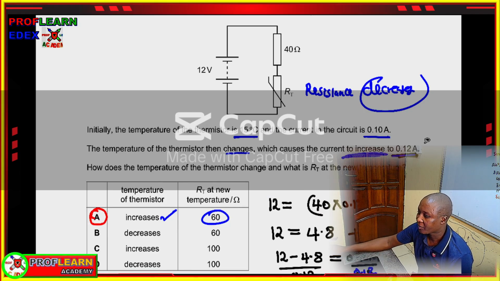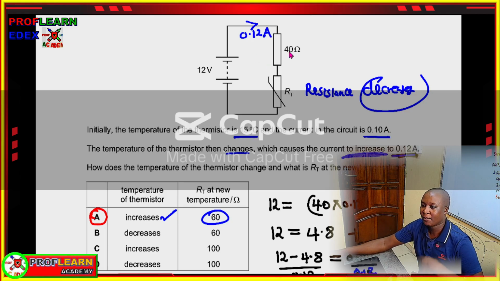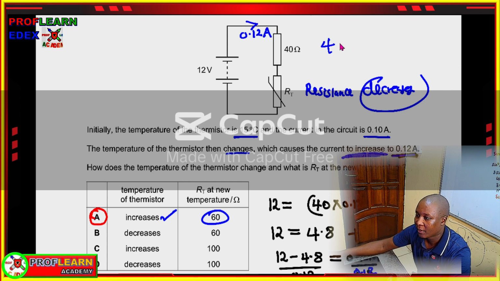So if there's a current of 0.12 amperes flowing through the circuit, it will mean the potential drop for this resistor will be 40 times 0.12. We get the answer.